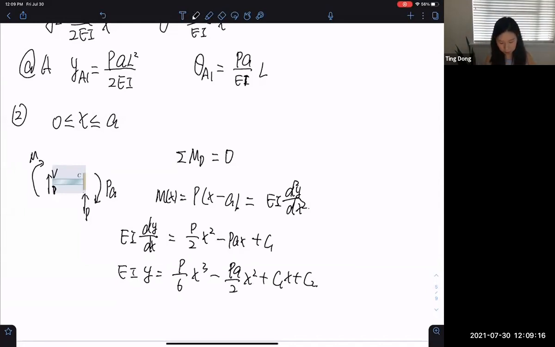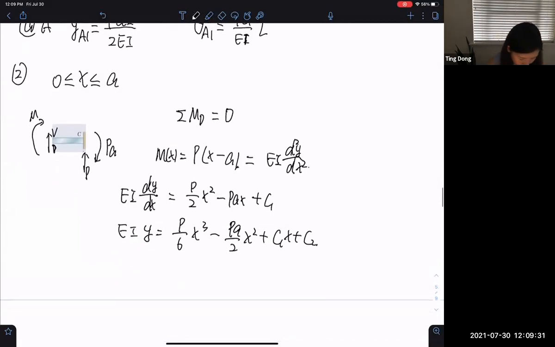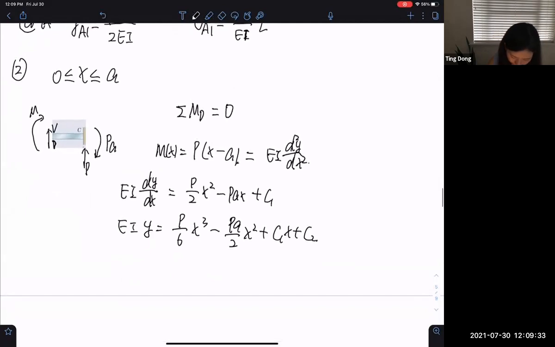So this is the bending moment equation for the part to the right of the force applied, and integrating once and twice, we have the slope equation and the deflection equation. And we can apply boundary conditions here.